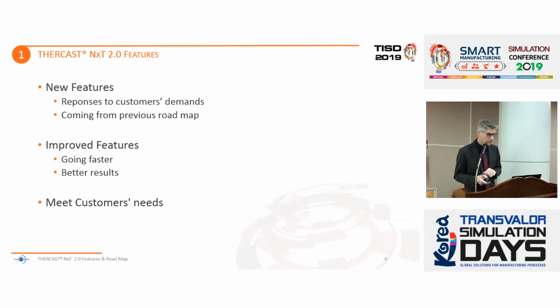Okay, so regarding the features, as I was saying, we have developed new features that are coming from what we have previously planned in the roadmap, and also a response to your demands that came in between these last two versions.